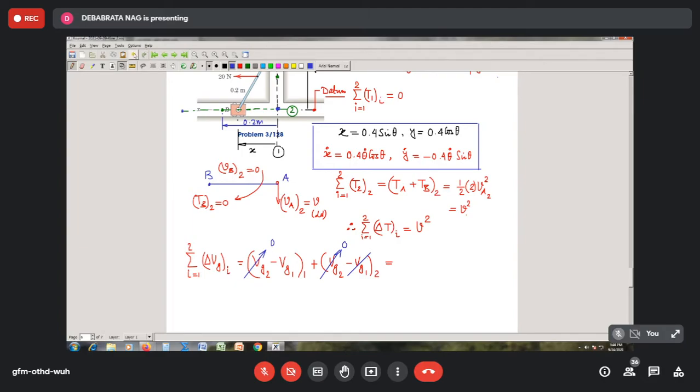Sorry, I think I made some mistake. Let me check it once again. I say that Vg2 for particle 1. Oh, I'm sorry, I have made some mistake. Actually, there is a complex notation. That's why.